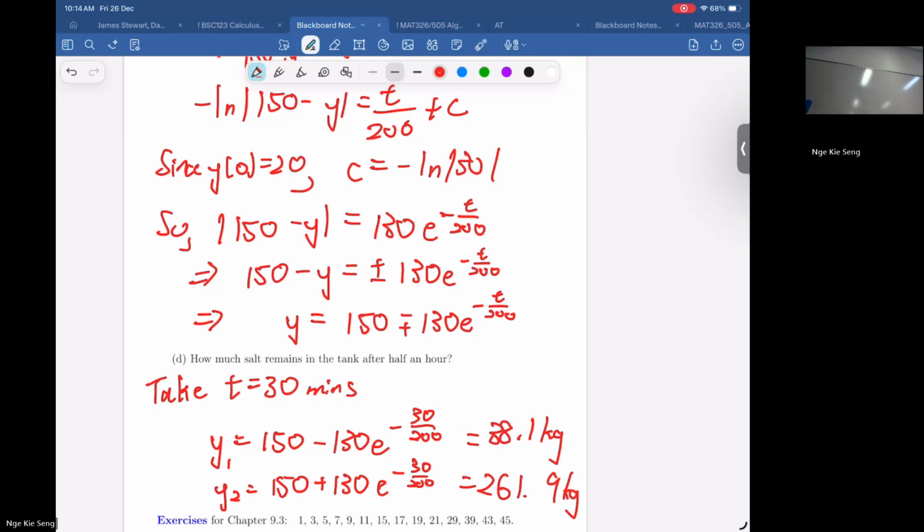If it's negative, definitely we can throw it away, but both of them are positive. How do you explain these two figures?